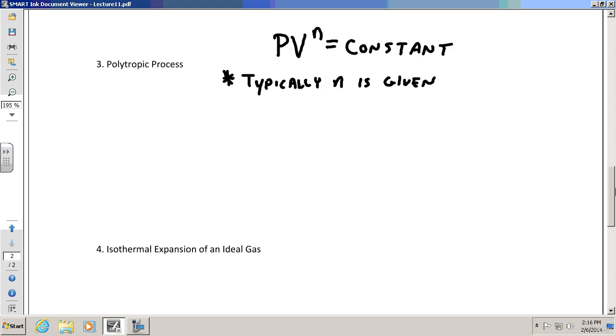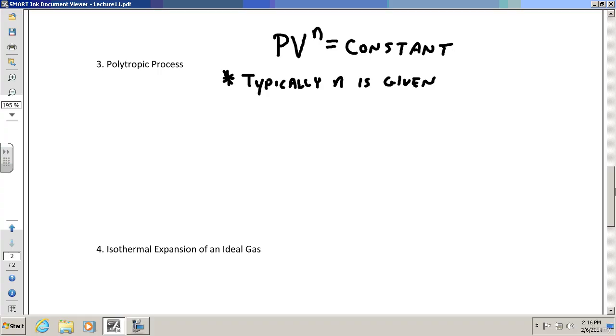Generally, the range of n is around 1 to a little bit greater than 1. Maybe 1.1, 1.2, 1.3. It could be higher, but generally it's around there. It's generally not less, but I'm sure it could be. I'm sure there are examples. Typically, n is given to us in the problem.